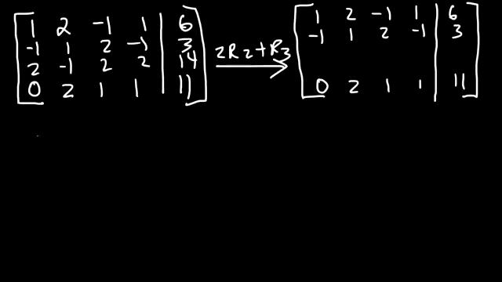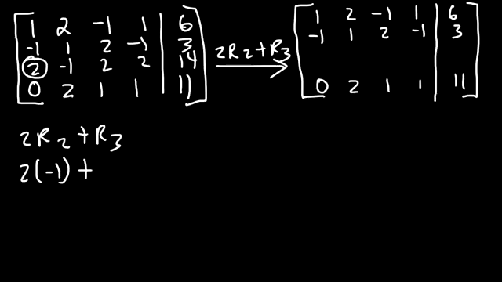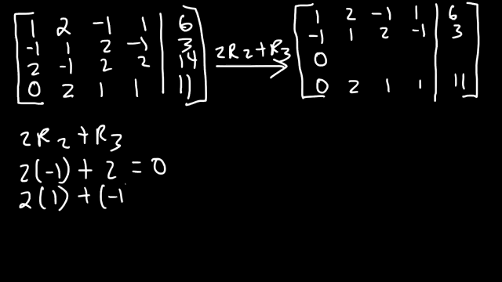So first, I'm going to write the row operation that I'm applying. So for the first column, row 2 has a value of -1, and row 3 in the first column has a value of 2. So -2 plus 2, that's going to give me 0. Now let's move on to the second column. Row 2 is 1, row 3 is -1. 2 plus -1 is 1.